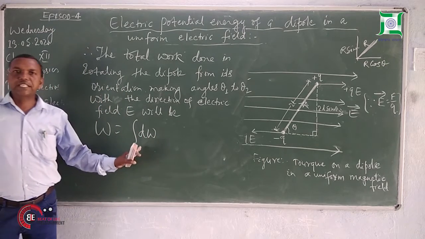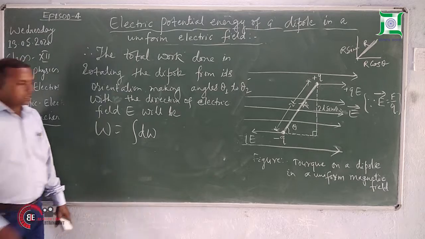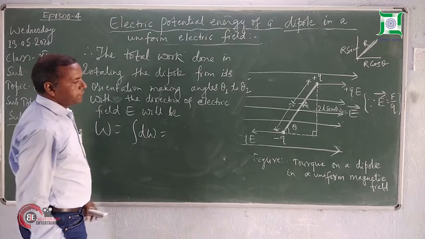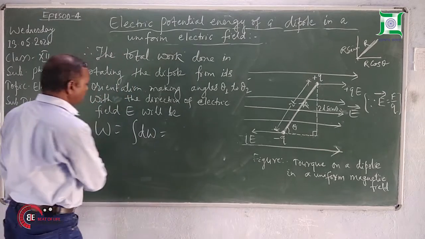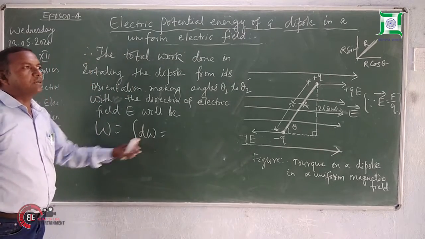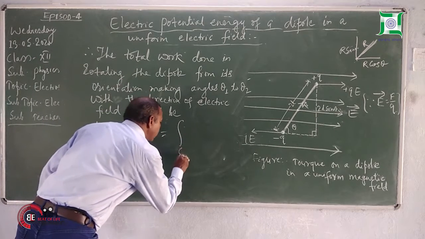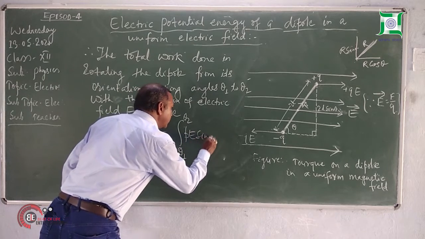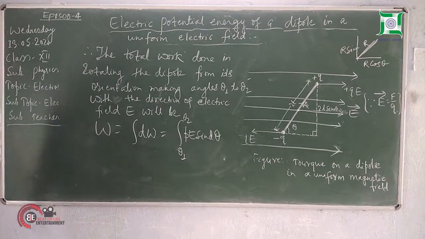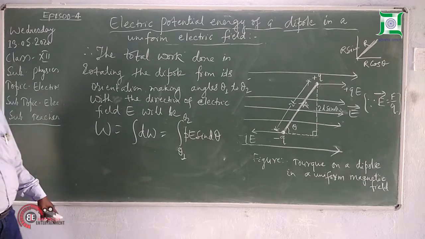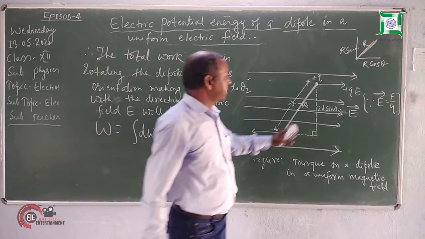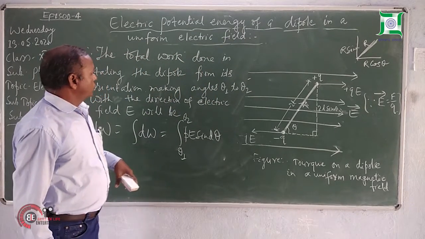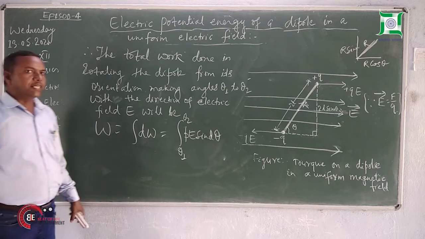The integration sign represents the total. This is equal to the value of dW, which we have obtained as PE sin theta d theta. So the total work done W is equal to integration of dW, which is equal to integration from theta 1 to theta 2 of PE sin theta d theta. This is the total work done in rotating the dipole from its orientation, making angle theta 1 to theta 2 with the direction of electric field E.